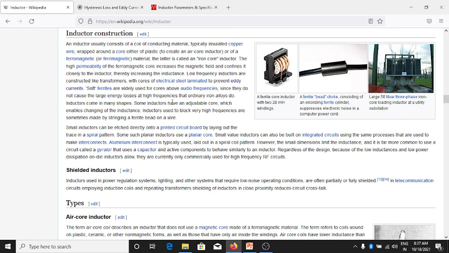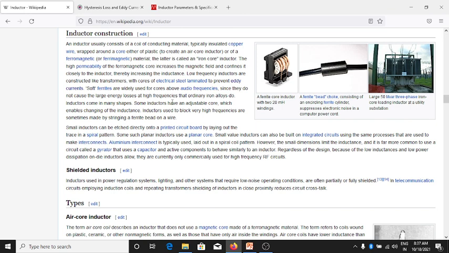Inductors come in many shapes. Some inductors have an adjustable core, which enables changing of the inductance. Inductors used to block very high frequencies are sometimes made by stringing a ferrite bead on a wire.